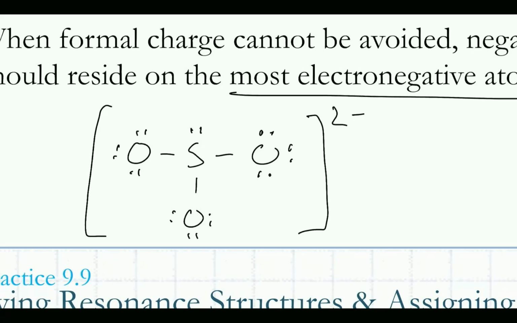And so if we do formal charges for all of these, the oxygens are all -1. And the sulfur is going to be 1, 2, 3, 4, 5. So 6 minus 5 is going to be a +1. So we got formal charges on there. It's not too bad, right? It's only +1s. There's no crazy +3s, +2s.